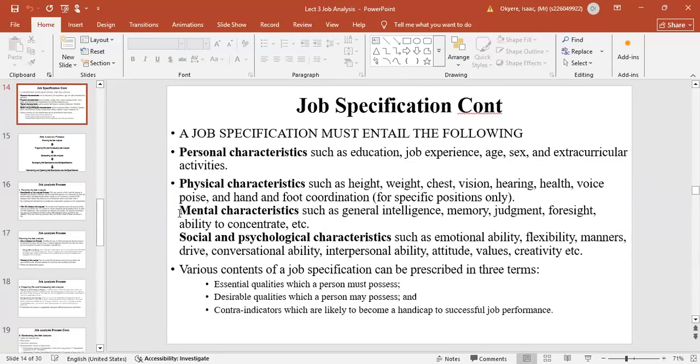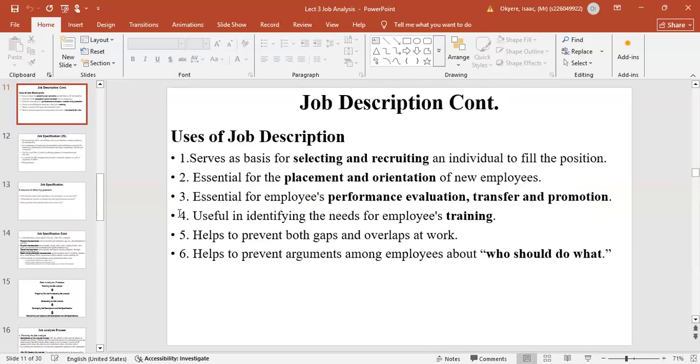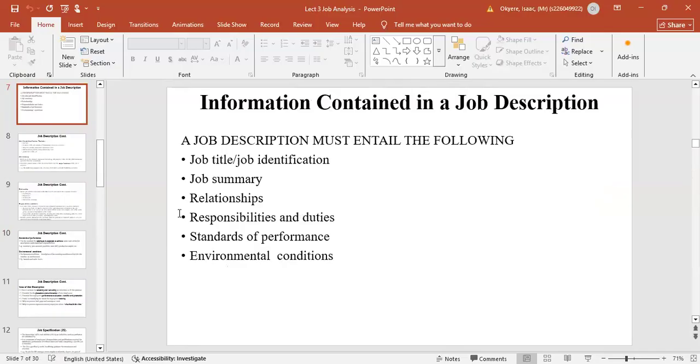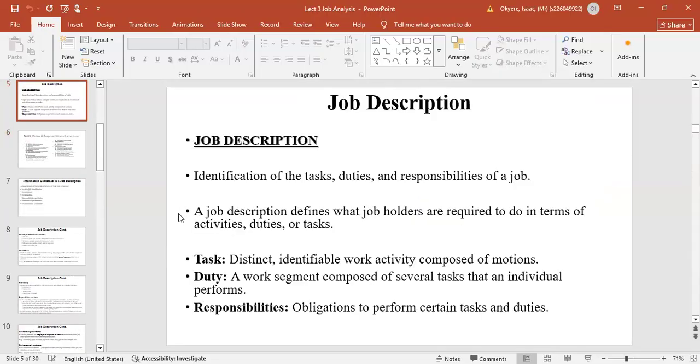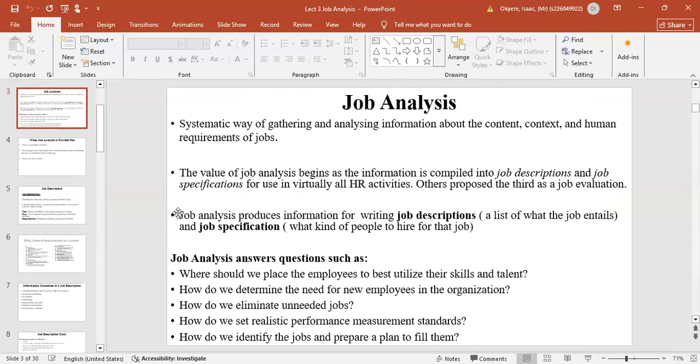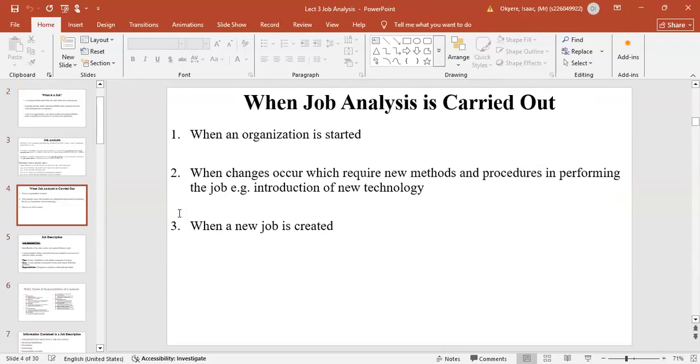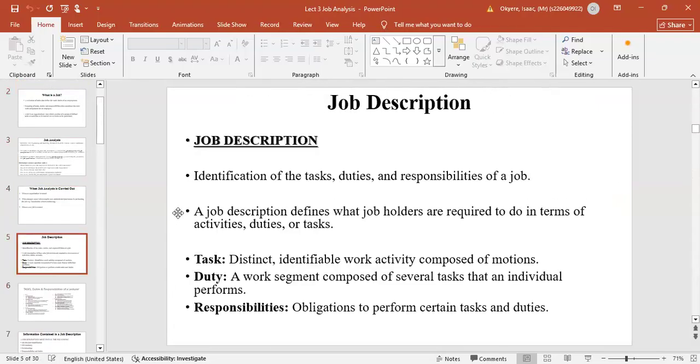So I have spoken about the 3 things that job analysis comes up with: job description, job specification, and job evaluation. Now, let's know what job descriptions are.